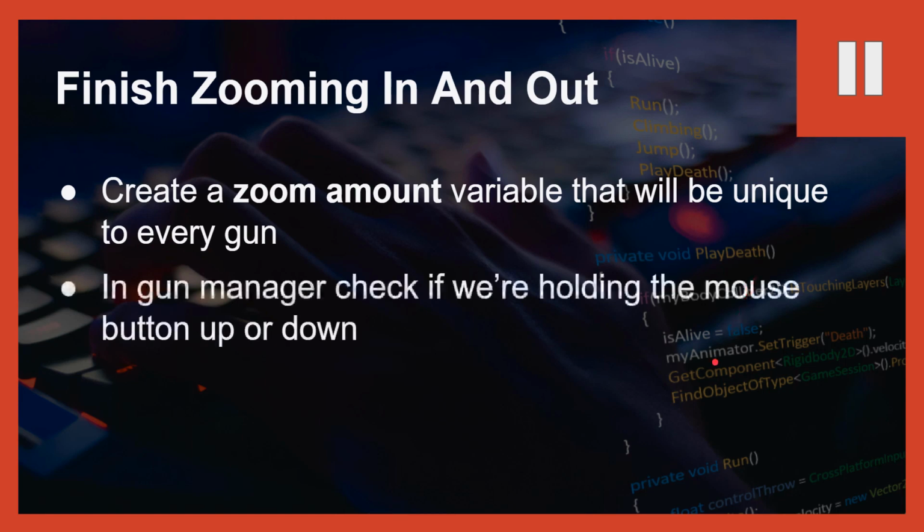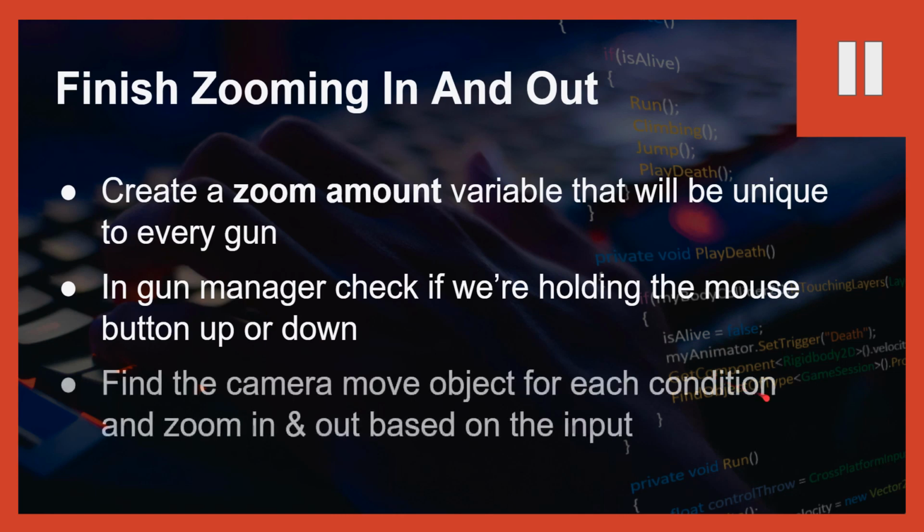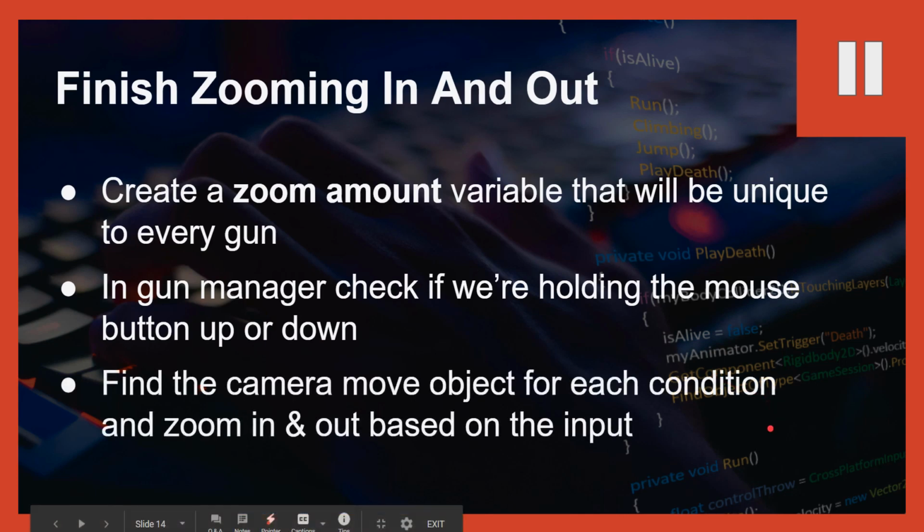Next, in gun manager, check if we're holding the mouse button up or down, and based on that, zoom in and out, and finally find the camera move object, just like we previously did. So you'll need to find the object in each condition and access the method on it. So pause the video right now and go do the challenge, even if it's a bit hard, especially the last part.